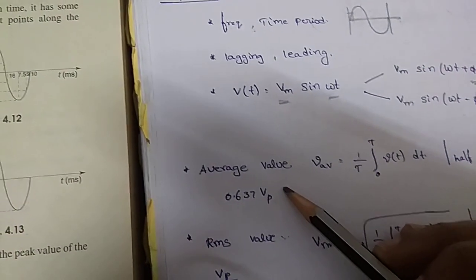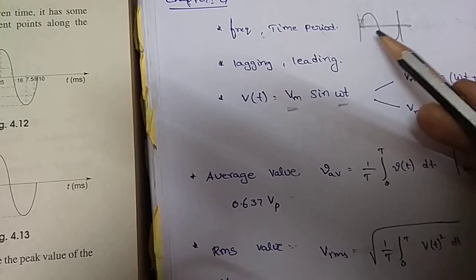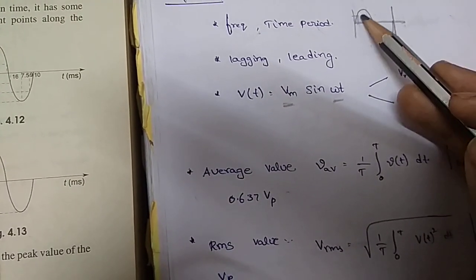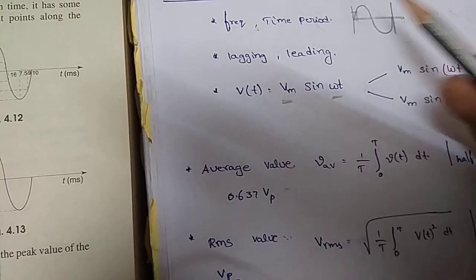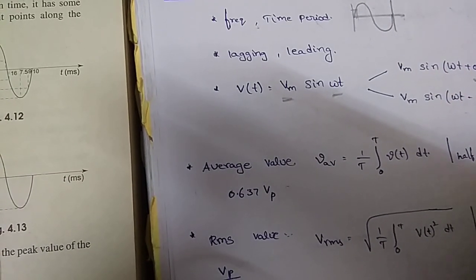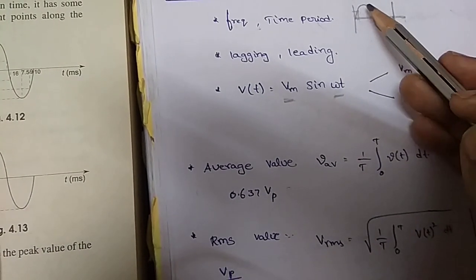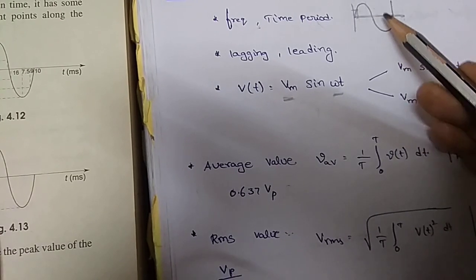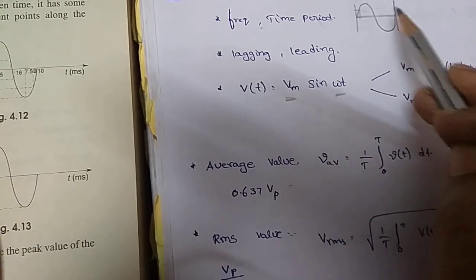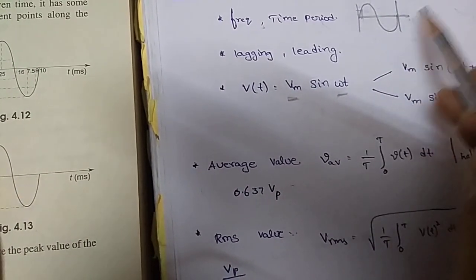And coming to your average value, here I am talking about the symmetrical waveform of equal magnitude. If I take the average of positive value and negative value, it will be equal to 0.